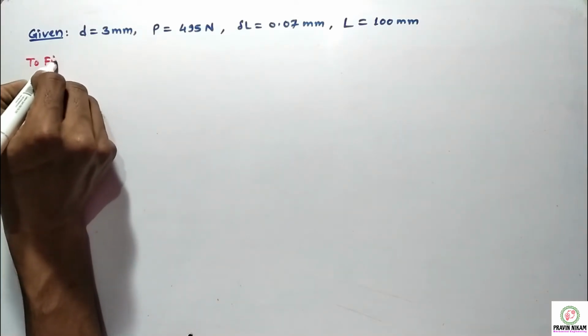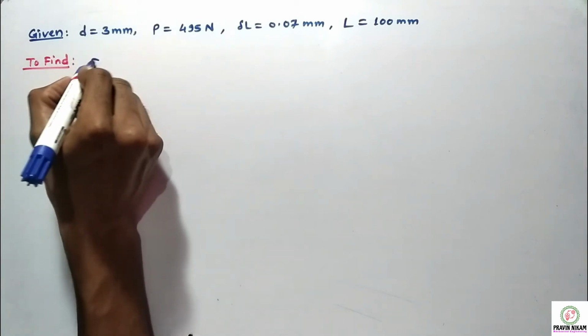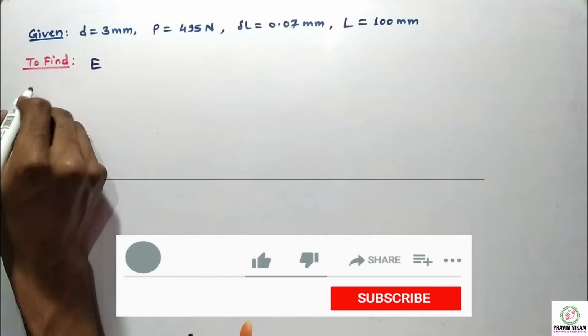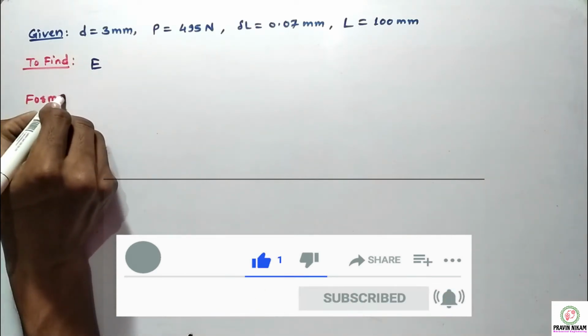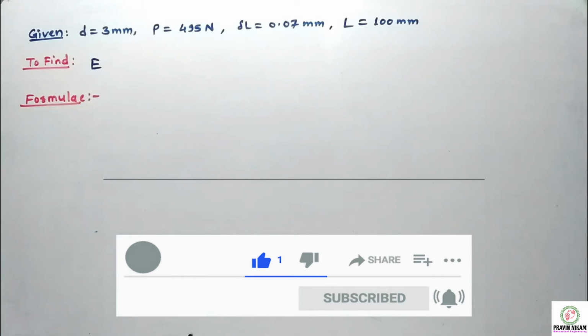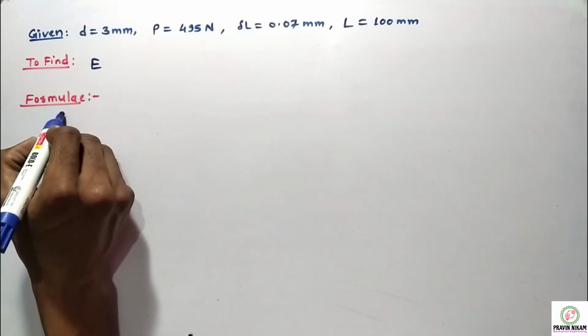So what we have to find is capital E, that is modulus of elasticity or Young's modulus. How to solve? Let us see the formulae. Which formulae do we require? We know 4 basic formulas.